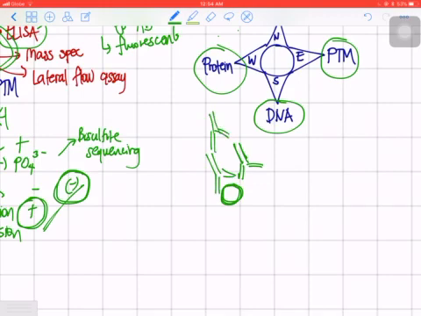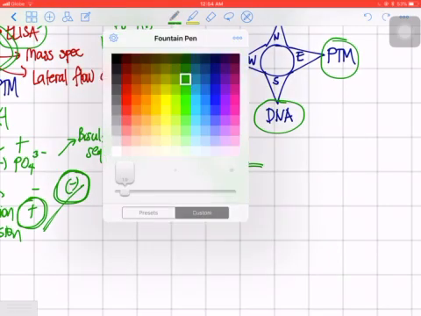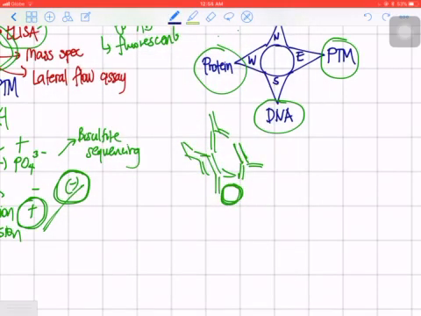Okay, let's put the secondary antibody there. And these are usually linked to what we call fluorophores, or it can be linked to an enzyme, and addition of a substrate can change the color of the substrate, signifying the presence of the protein.